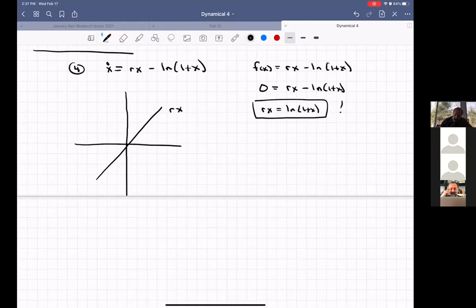Now, the ln of 1 plus x at x equals 0, the natural log of 1, is equal to 0. Right? So the ln of 1 plus x goes through 0, 0.